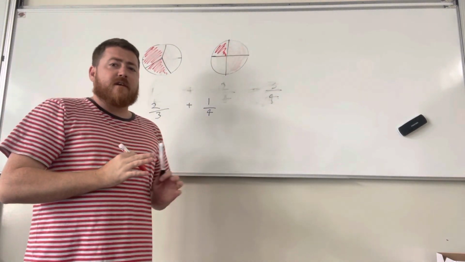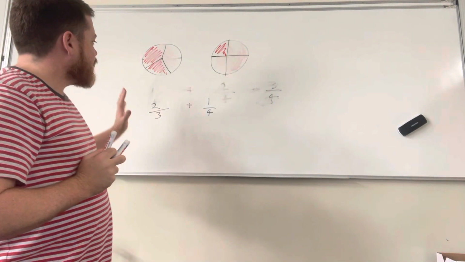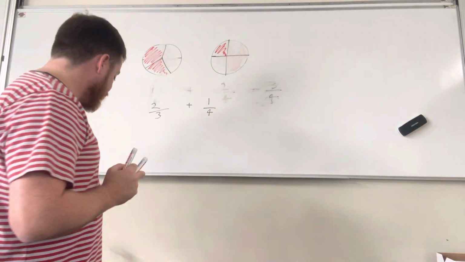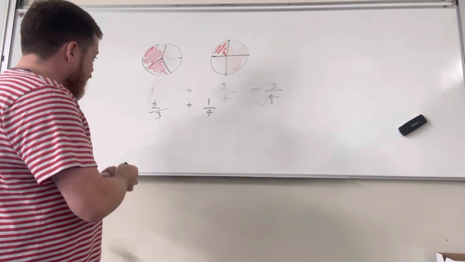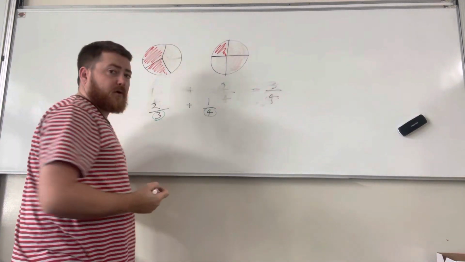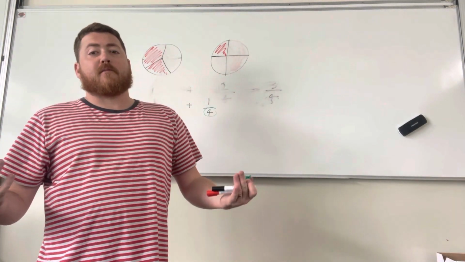Now, the problem I have here is, unlike the last example, where I had a common denominator running across the bottom, my denominators now in this case are a 3 and a 4, which we all know aren't the same numbers, okay?